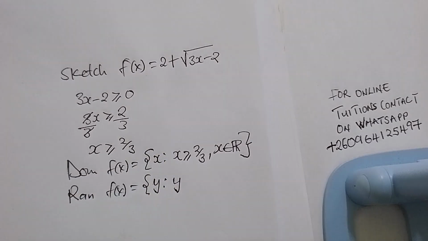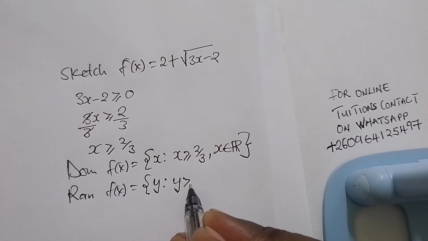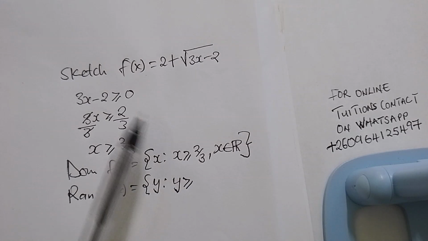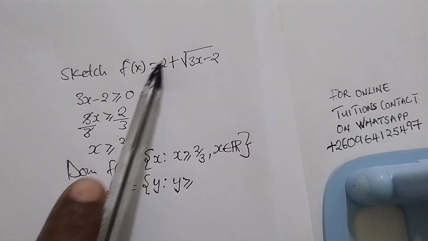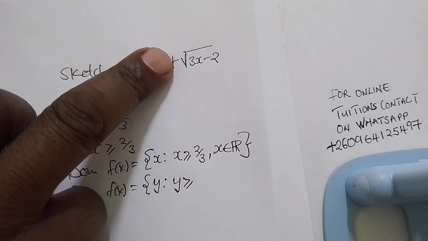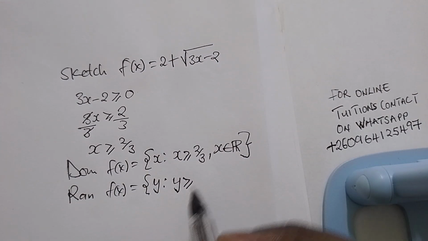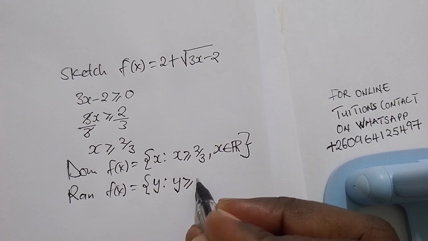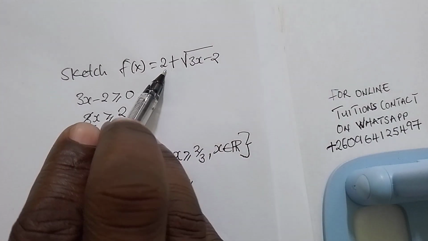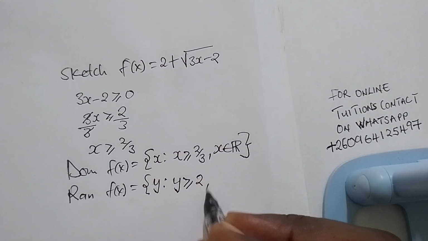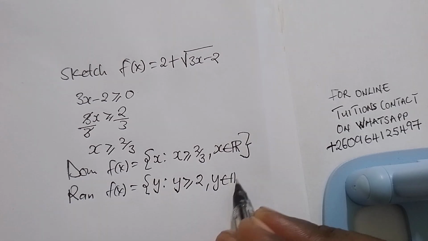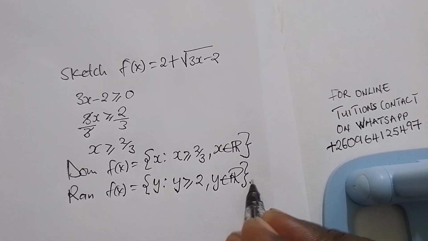So this is positive, you write greater than or equal to, then the number outside. If you didn't have any number there and the expression was just like that, we would say that it is 0. But in this case, it is greater than or equal to the number outside there, which is 2, for y also from the set of real numbers.